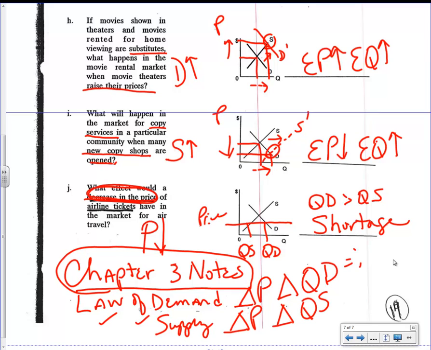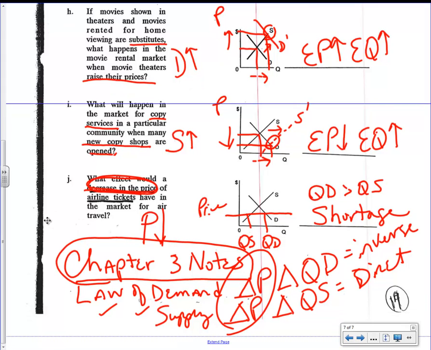Of course, demand is inverse, and we have direct for quantity supplied. Those are always price changes. You change the price of the product, therefore you're moving along the curve.